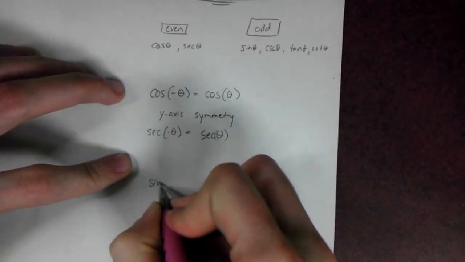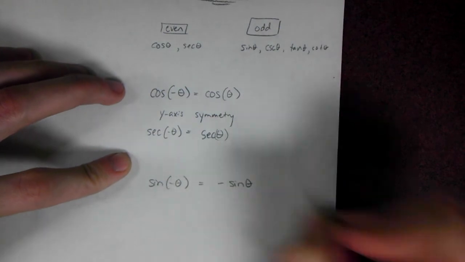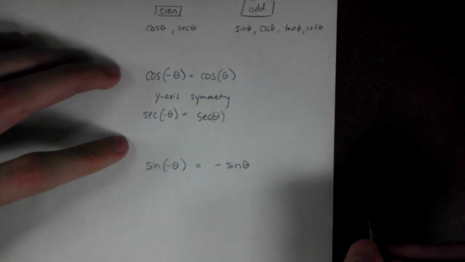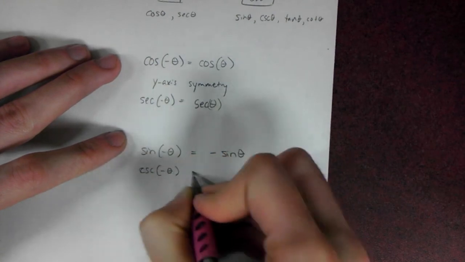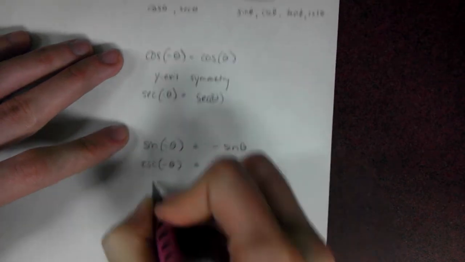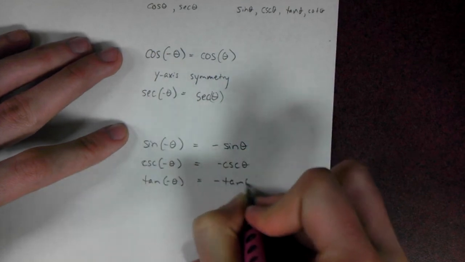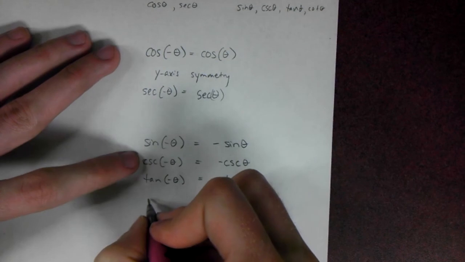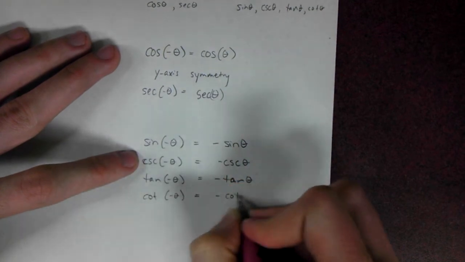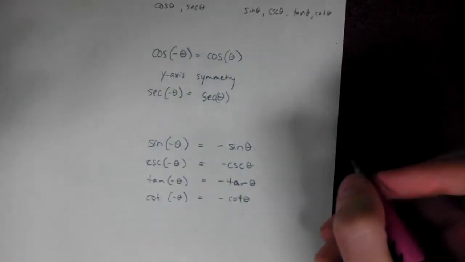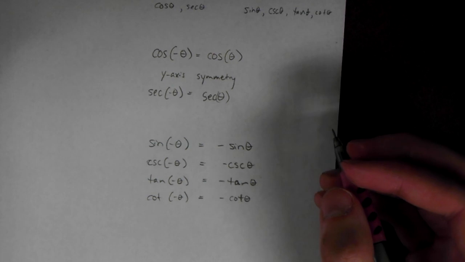So if I plug in a negative angle into sine, that's equal to negative sine of theta. Okay? Same idea with cosecant. Cosecant of a negative angle would be negative cosecant. Or tangent of a negative angle would be negative tangent. Or cotangent of a negative angle would be negative cotangent. Okay? So that's kind of cool stuff there for you to know.